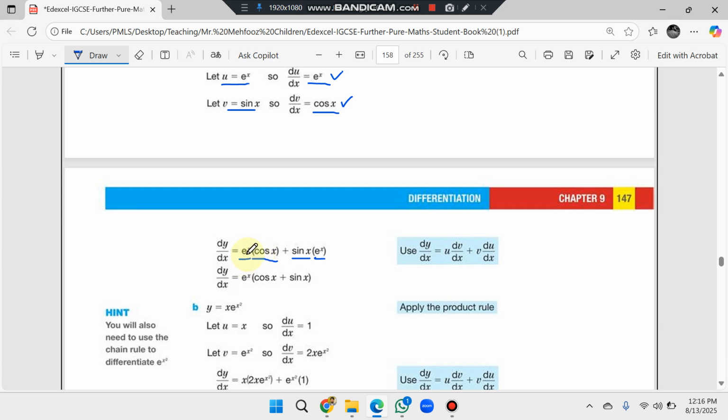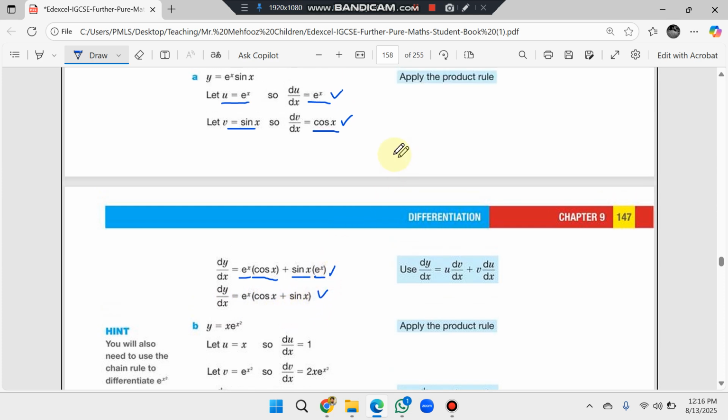You can see that e raised to the power x cos x plus e raised to the power x sine x. Here in both terms the e raised to the power x can be taken as common. So it becomes e raised to the power x times cos x plus sine x. This is your derivative using the product rule.